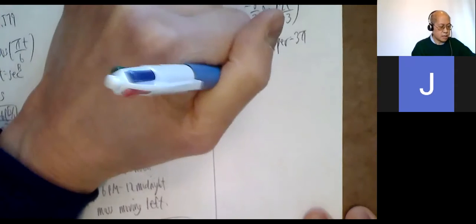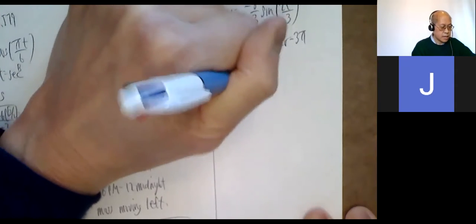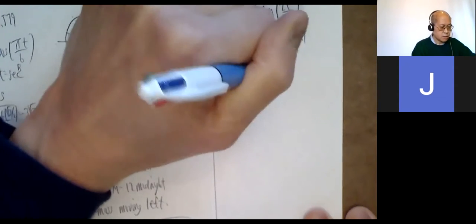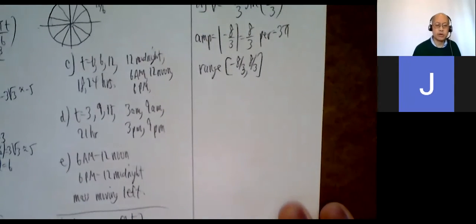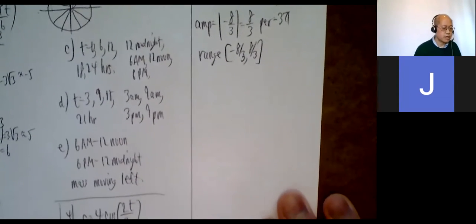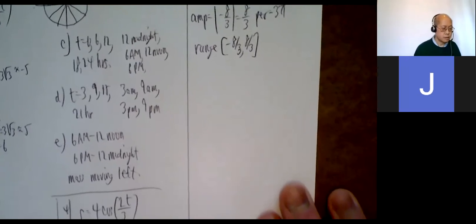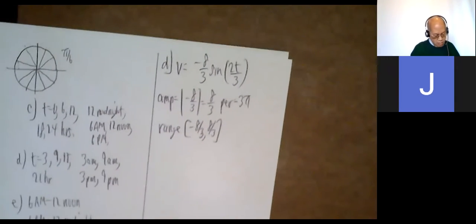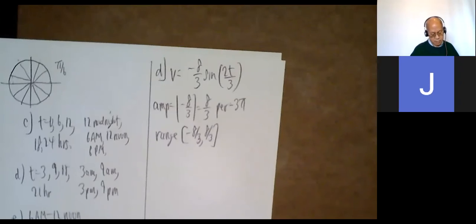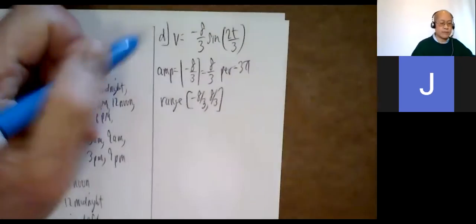So the range is -8/3 to 8/3. That's 2 2/3, roughly. Okay, so graph that.